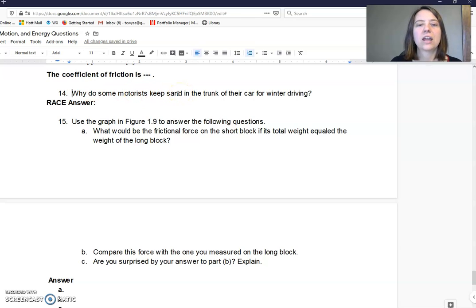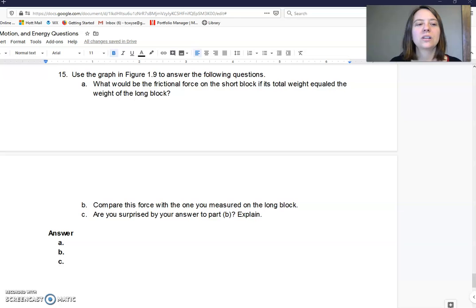It could change the type of surface, which will change the coefficient of friction, which we know affects the amount of friction needed. Or if you have a lot of sand in the trunk, it could change the weight, and we know that the force of friction is affected by weight. Those are a couple of hints to help you with number 14. Remember to have a RACE answer and explain it in a complete sentence, please.